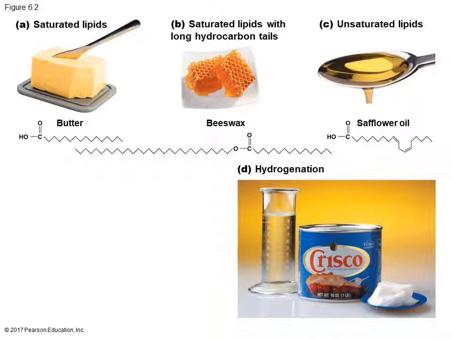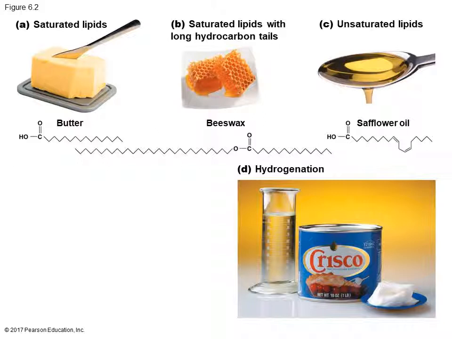Then in part C we see safflower oil, and notice that there's double bonds. And in fact there's two sets of double bonds indicating kinks and a less dense lipid. So that's why you see a liquid at room temperature. And then lastly at the bottom we see Crisco, and this is made from hydrogenation.